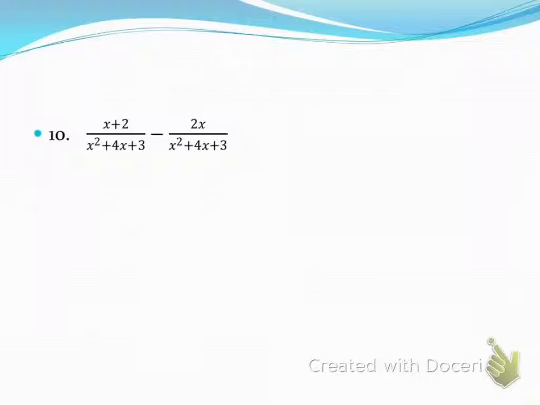Last one. Just flying through these. My denominator is the same. I like to see that, so I'll keep it for now while I think about my numerator. What operation do we have going on? Subtraction. Do I need to put parentheses around my second numerator?